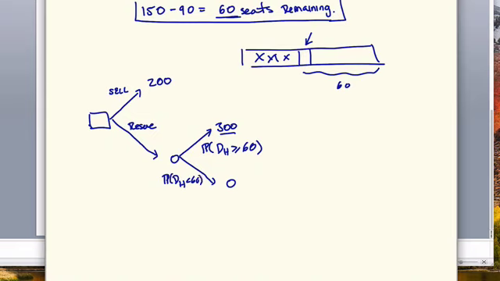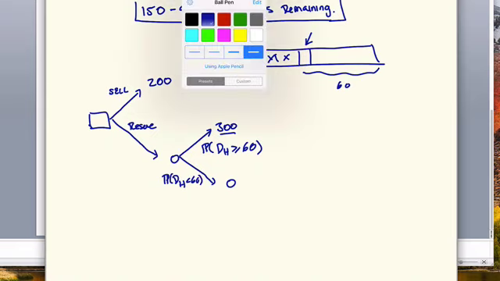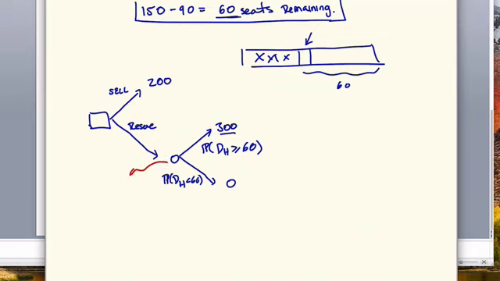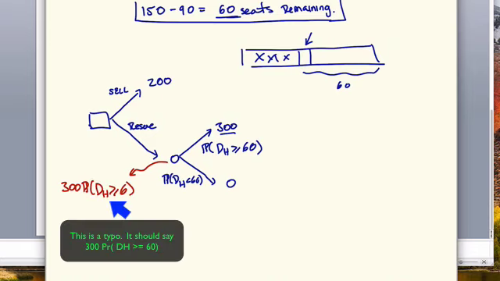I can turn that decision tree into a little rule. I can think about what is the expected value at this node. This is 300 times the probability that the demand is greater than or equal to 60. And this is 0 times this thing, so I won't bother writing it.